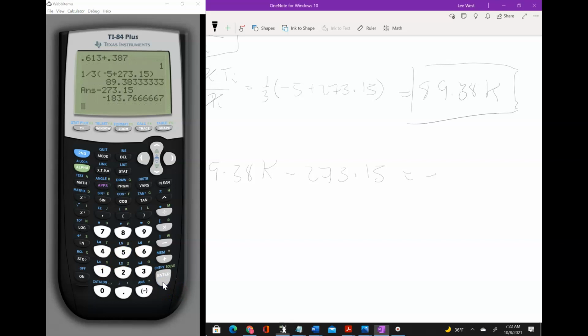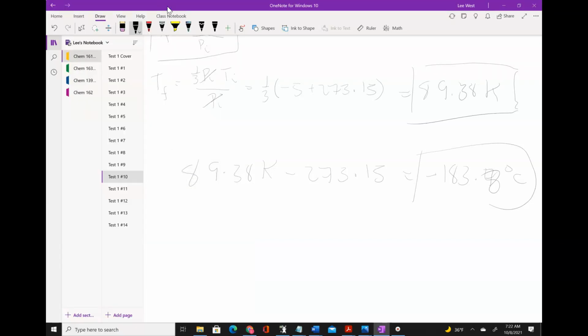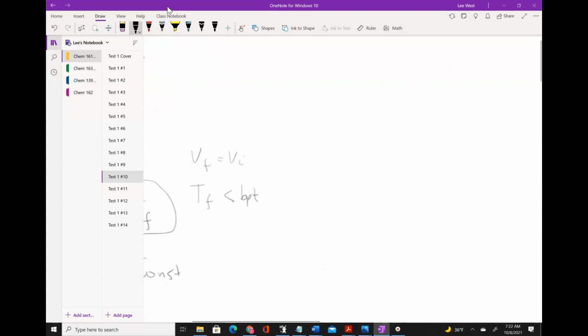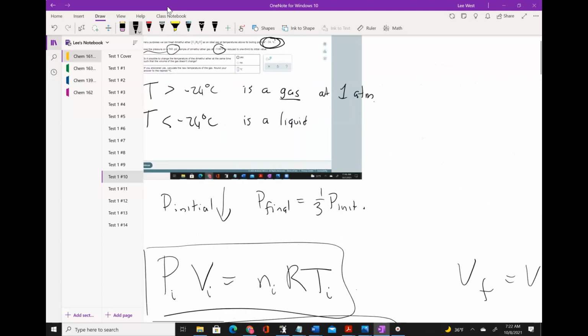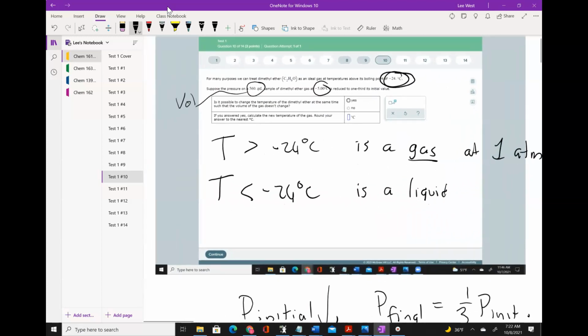You see it's going to be way lower. Well, that should be an 8, but it doesn't matter because it's going to be way lower than that boiling point. So if you try to do this process, it's going to turn into a liquid. It's not going to remain a gas. So you can't do it, right? So the answer is no, and we don't need a number in there.